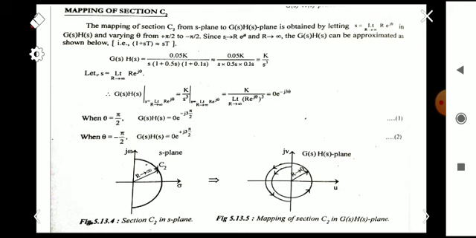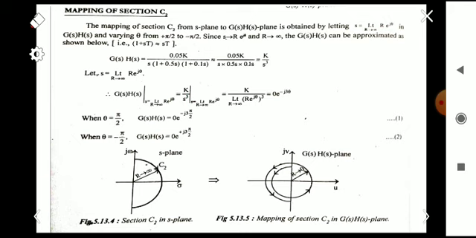So the corresponding contour in the G(s)H(s) plane will vary from minus 3 pi by 2 to plus 3 pi by 2, that is minus 270 to plus 270, with a radius of 0.